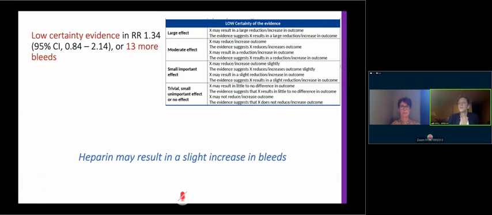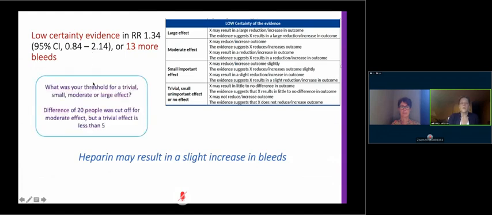Then we would need to determine how big is that 13 more bleeds. What did we assess that out? What was our threshold for trivial, small, moderate, or large effects? Well, if it was 20 more bleeds, we would say that that was a moderate effect. If it was less than 5 bleeds, we would say that it was trivial and really represented no difference at all.